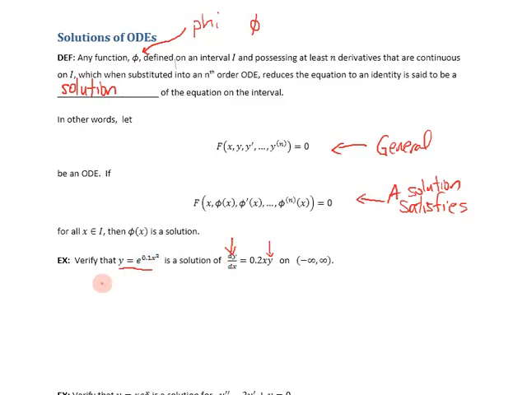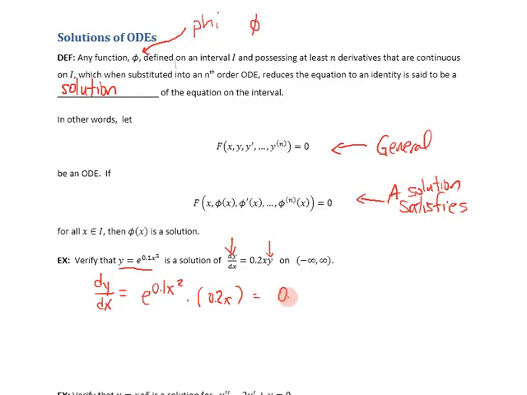So since we know y, we can calculate dy dx in advance. That is, find the derivative of this function. You're going to use the chain rule. The derivative of e to the 0.1 x squared is itself times the derivative of what's inside. So you'll multiply that by the derivative of 0.1 x squared, which is 0.2 times x.